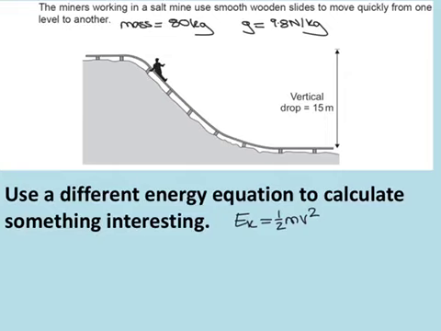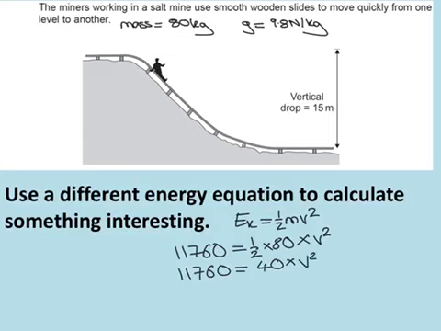We use the kinetic energy equation, E equals a half m v squared. Substituting in the numbers: 11,760 for the kinetic energy is equal to a half times 80 times v squared, which simplifies to 11,760 equals 40 times v squared.